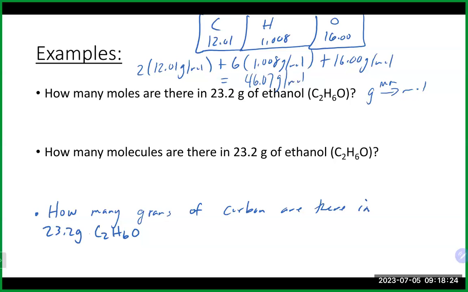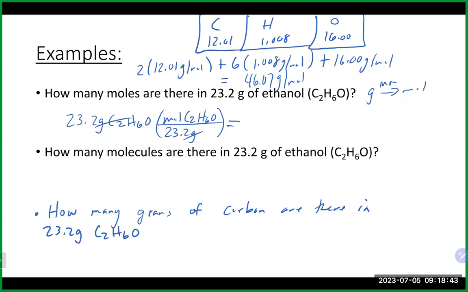So we are going to again use as a conversion factor like we have previously done. So we're going to take our 23.2 grams of ethanol. We're going to put the grams on the bottom so that they cancel. Moles of it up on top. Grams will cancel.